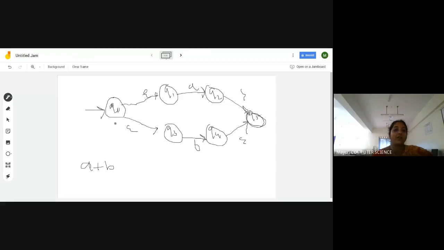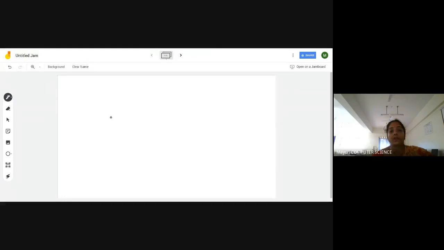Now I will straight away go with A plus B star. So how do you write A plus B star? I think this frame is not sufficient for me. Do I need to go with the basic machine and then come to the example? I think you understood the basic skeleton.